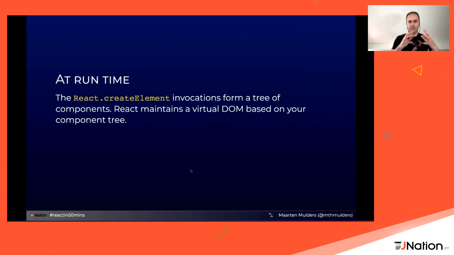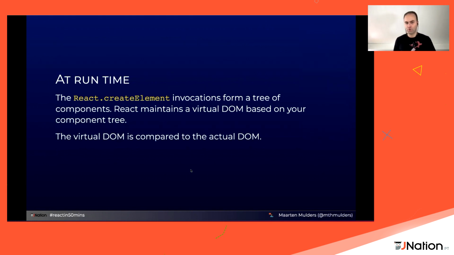React assembles that into a virtual document object model. And it's important to note that this is a virtual document object model, so it's not the real document object model yet. Now, this virtual document object model is compared to the actual document object model.